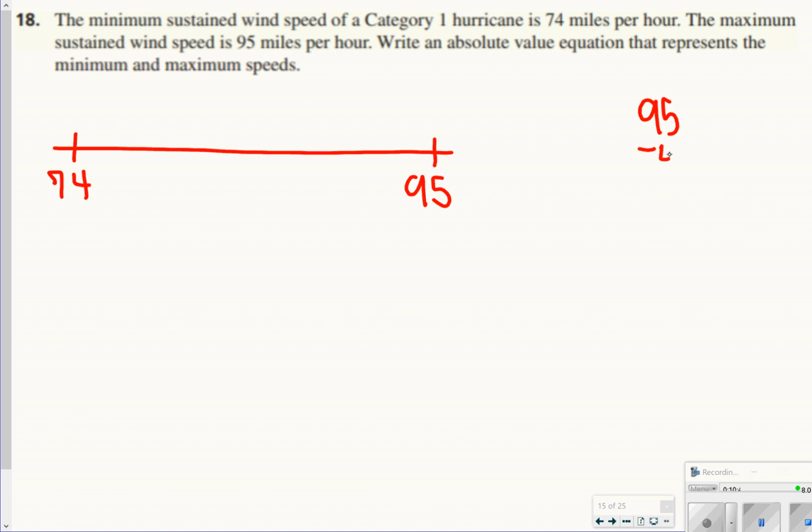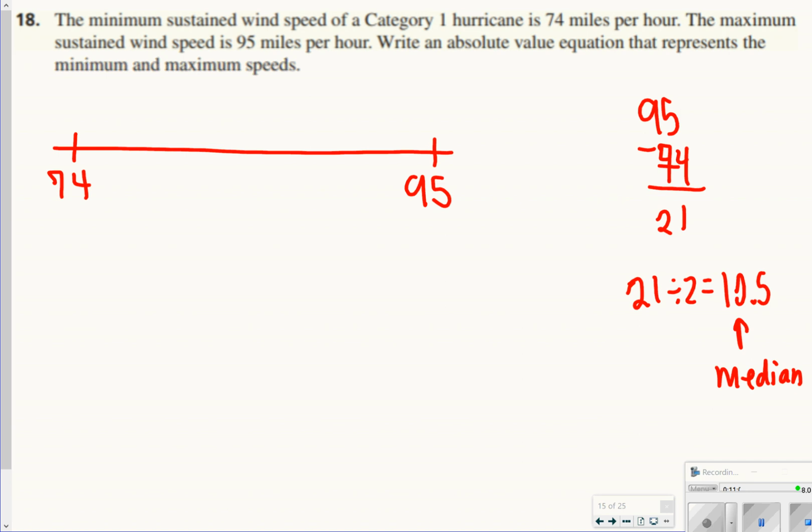So 95 minus 74 is equal to 21, okay? And then I do 21 divided by 2, and that gives me 10.5. So 10.5 is going to tell me the median between these two numbers. So 74 plus 10.5, that's going to give me 84.5.